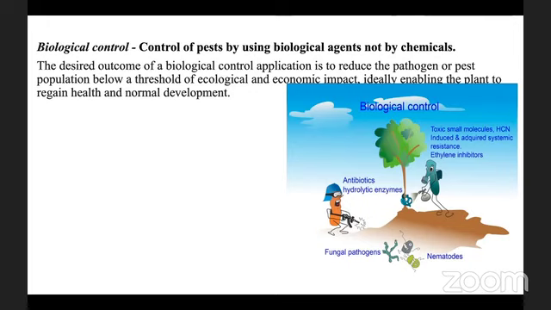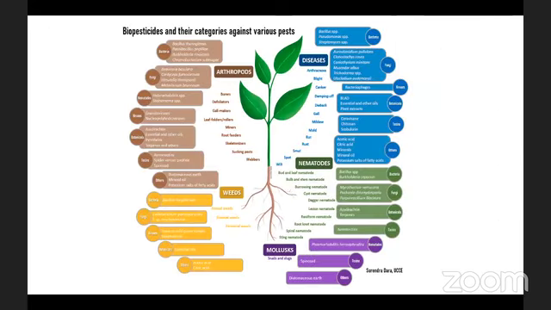So these are the multiple ways we can employ biological control. We have to keep in mind that in biological control, we have to cope only with biological things, so that we can develop agricultural practices in a more sustainable way.